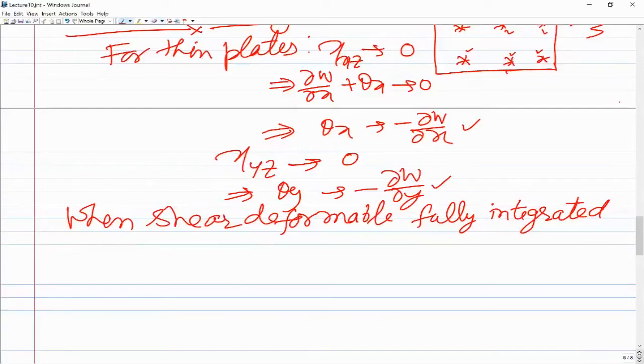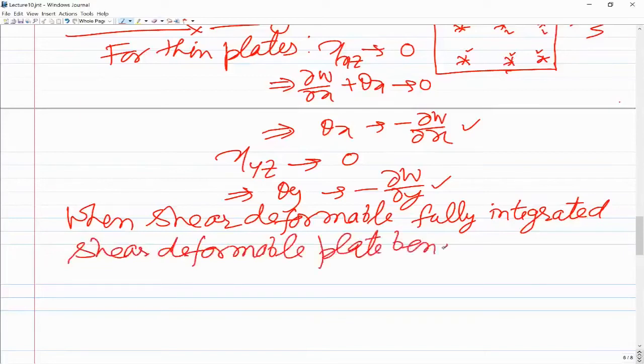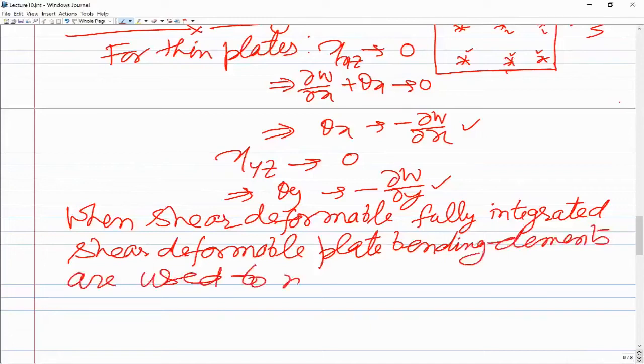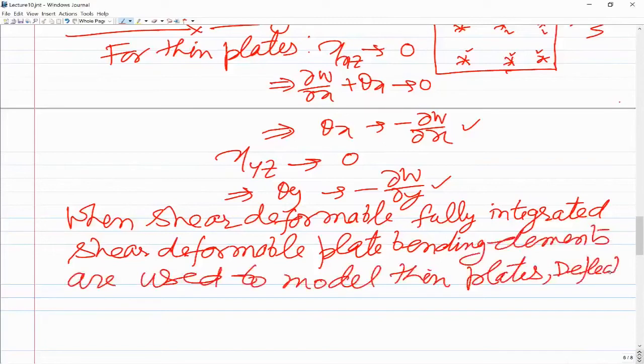So when fully integrated shear deformable plate bending elements are used to model thin plates, in this case deflection is under predicted, that means lower than what it is exactly.